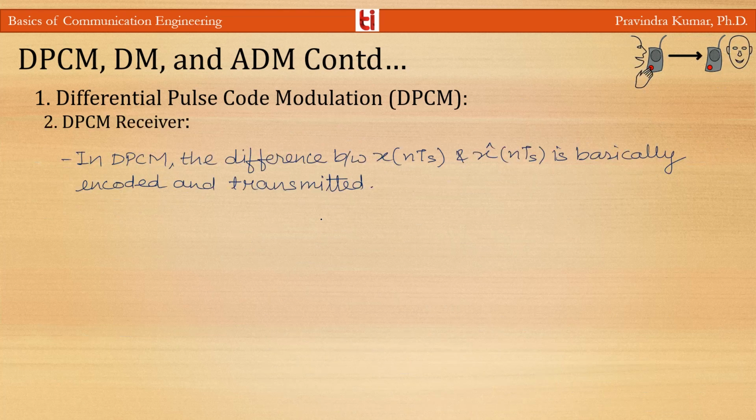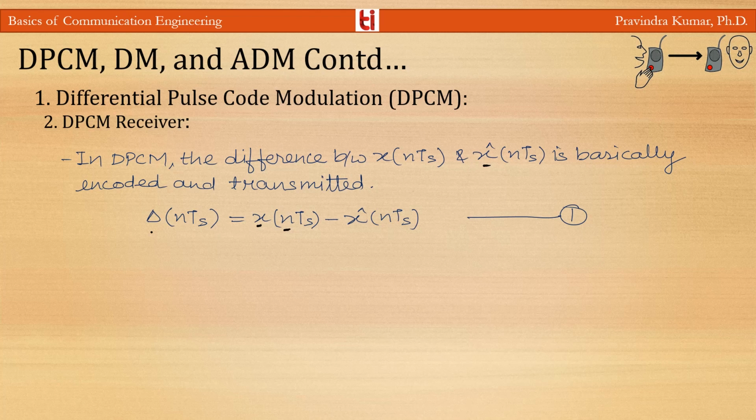In the DPCM receiver, the received signal carries the information about the difference between x(t) and x cap(t) at the transmitter. From this signal, the predictor will predict the approximate value of the next signal, the accumulator will add these differences, and the filter will smooth out the quantization noise.